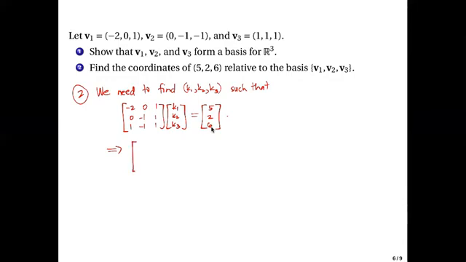So we find the RREF. Remember this: 2, 0, 1, 5, and then 0, negative 1, 1, 2, and then 1, negative 1, 1, 6. Augmented matrix, we find the RREF.